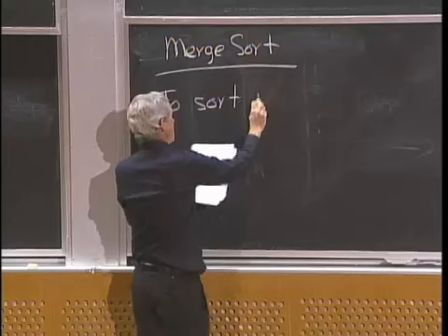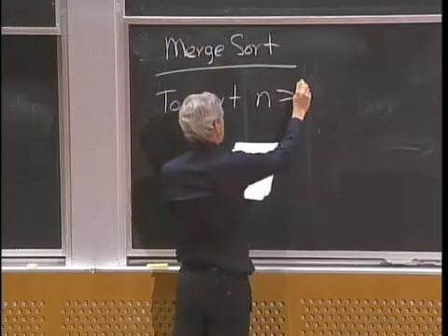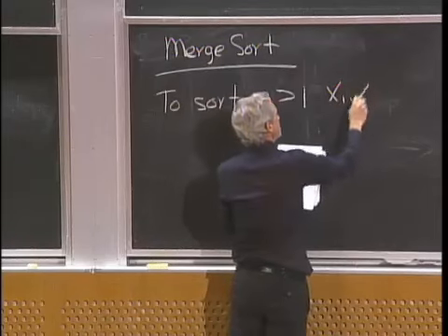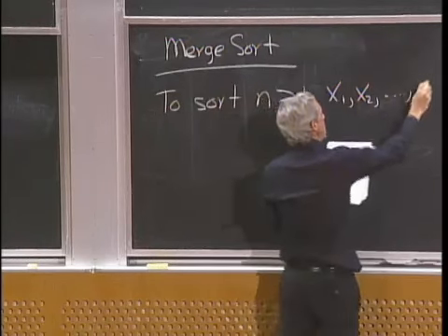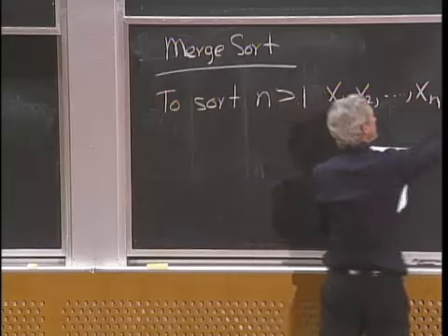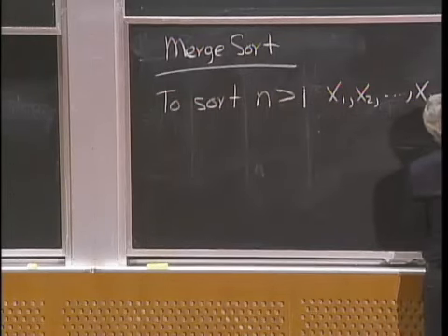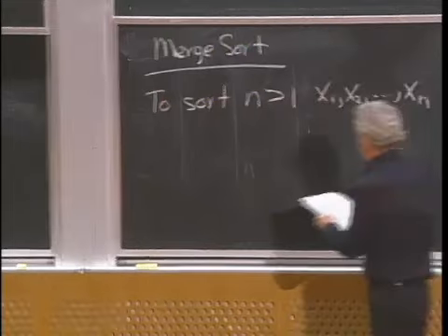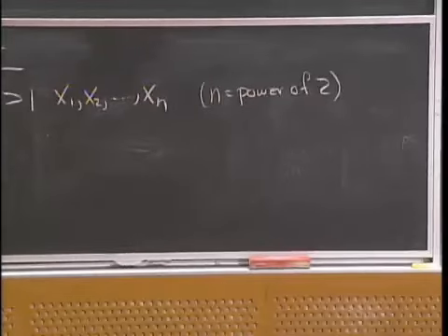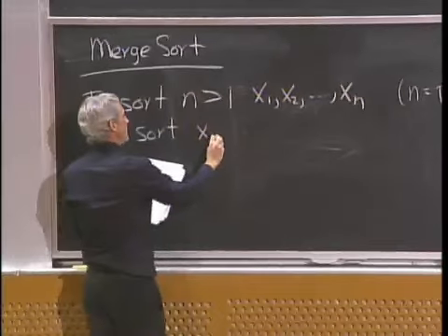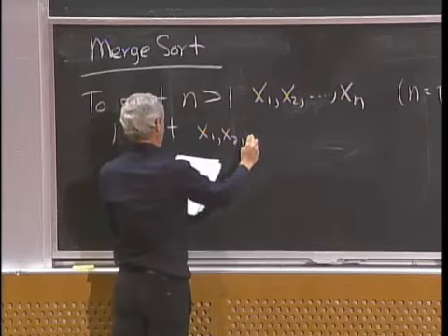So to sort n items, we're going to look at n being a power of 2. Call the items x1, x2, through xn. N is going to be a power of 2 to make it simple for now. The first thing we're going to do is recursively sort the first half of the items and the second half.